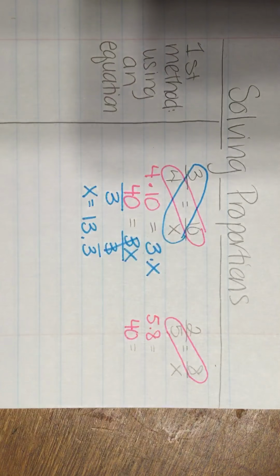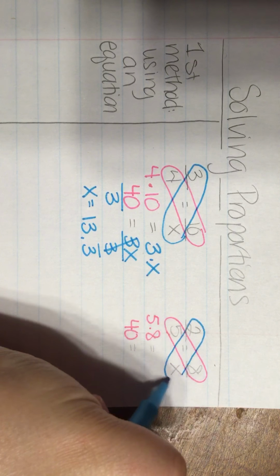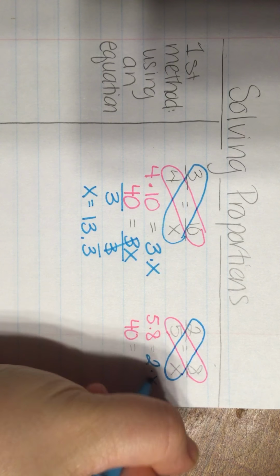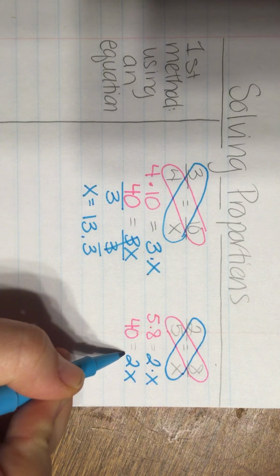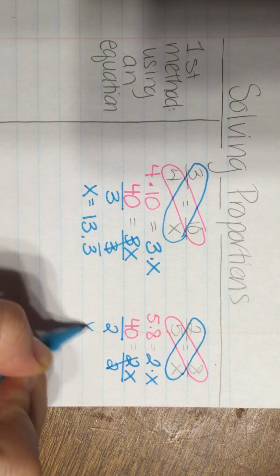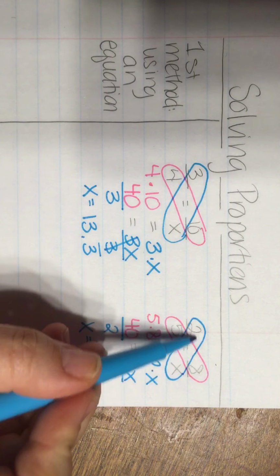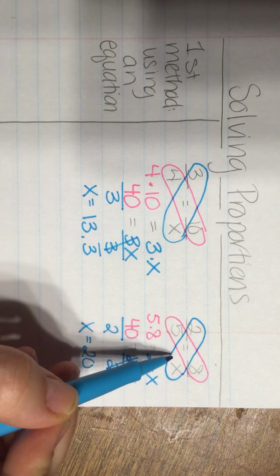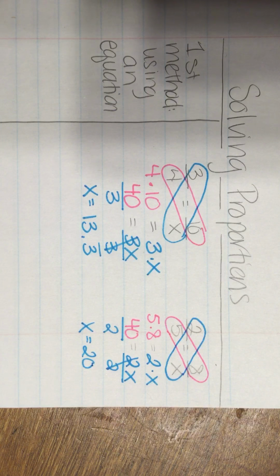And that should equal our cross product on the other side of the 2x, 2 times x, which is 2x. Okay, so again, because it's multiplication, we're going to divide by 2, divide by 2, so x equals 20, which if we did 5 times 4, just like 2 times 4 would give us 8, we'd get 20, so we know that is right. So that's one way to do it.